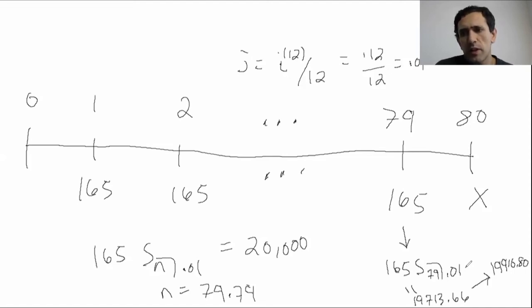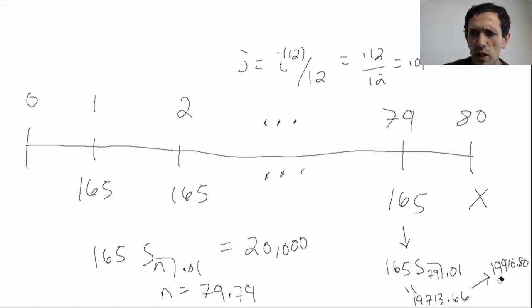So in these kinds of problems, you don't necessarily have to have one additional payment. And again, if the payments were 150, you should check that if you do this, you would actually get more than 20,000. You would not need an additional final smaller payment. All right.